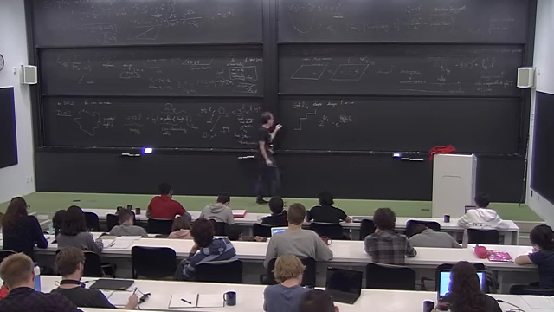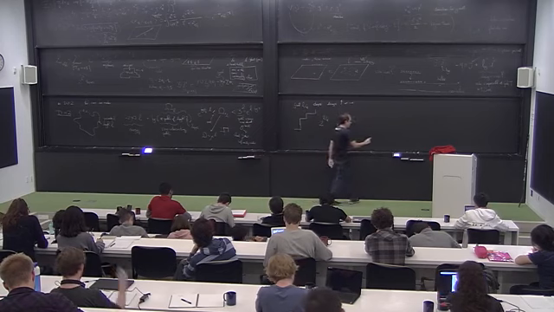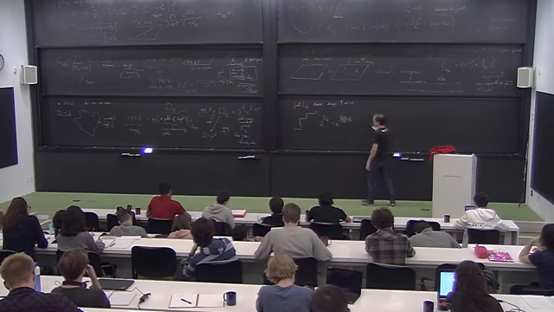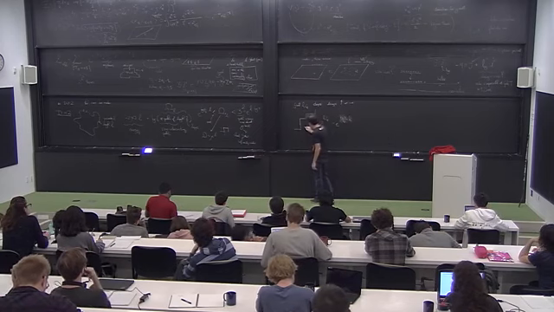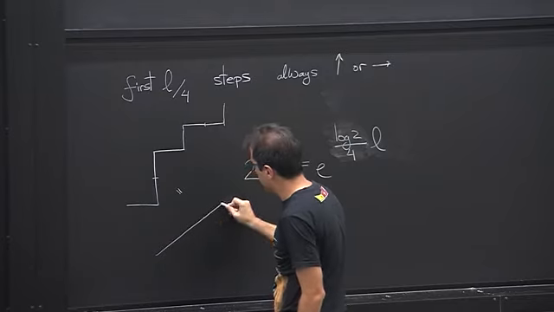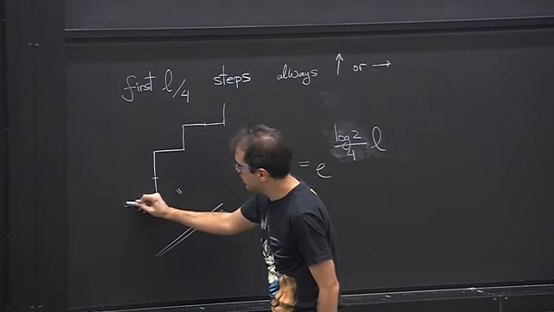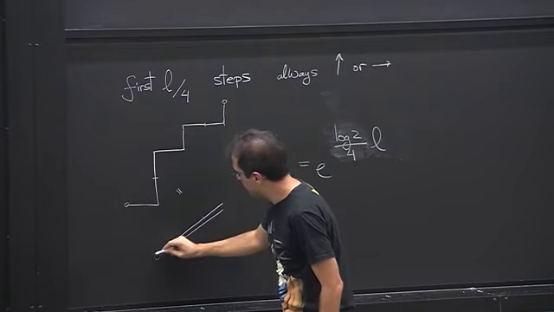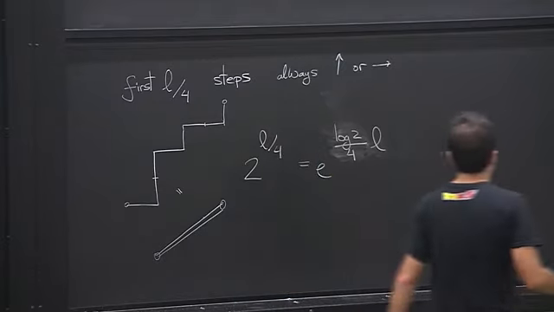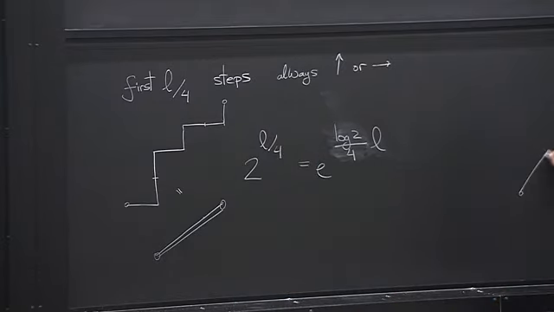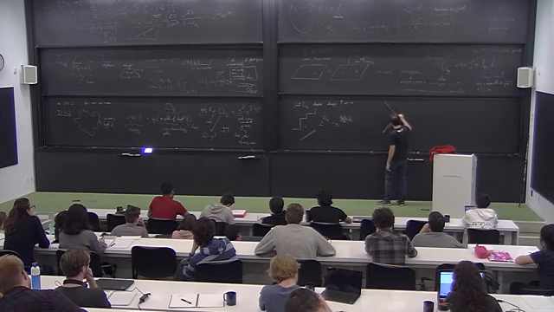So all I have to do now is to say that I have this path. Let me draw it: a path that starts from this point and goes to this point. Now, one path that has length L is obtained by copy-pasting this path.